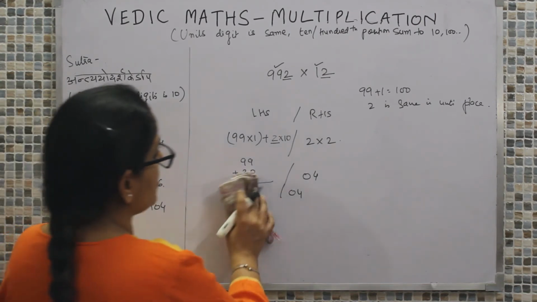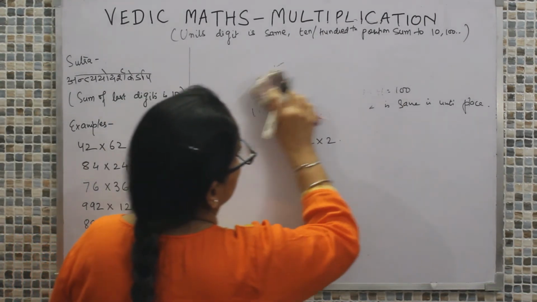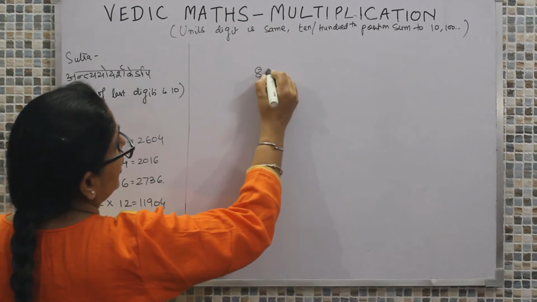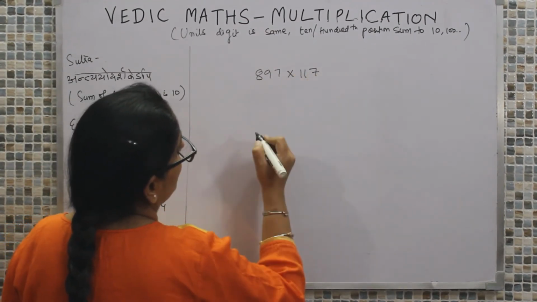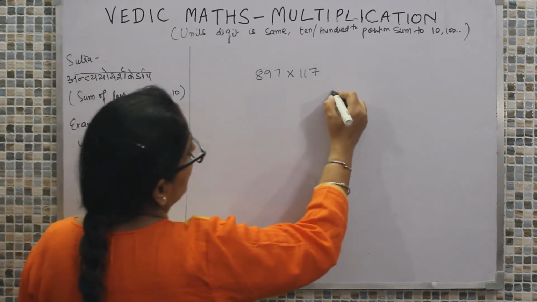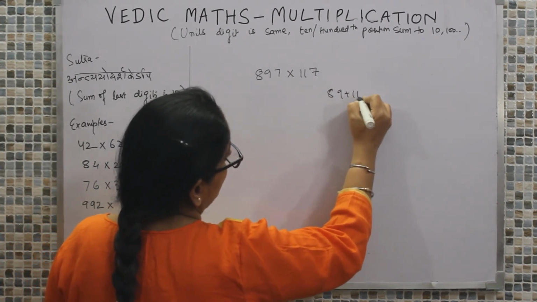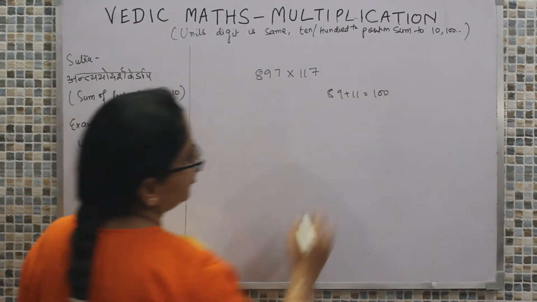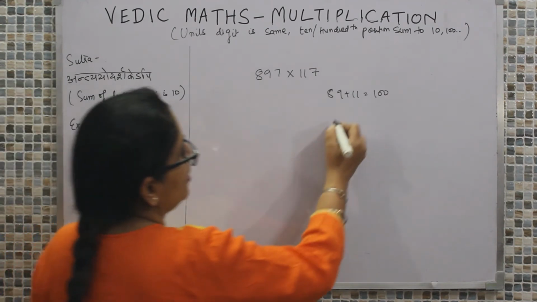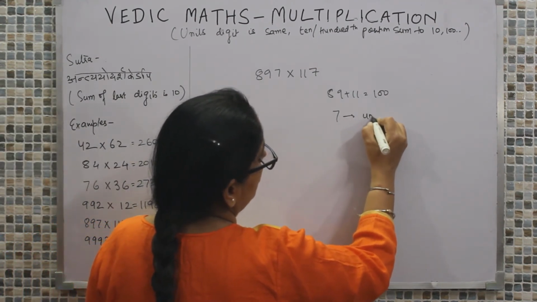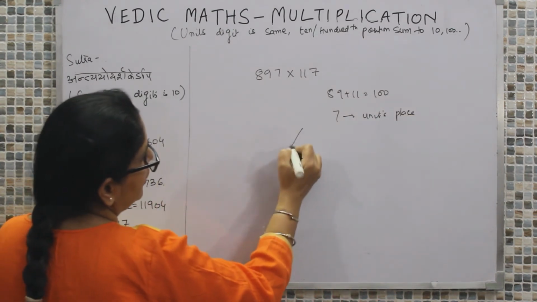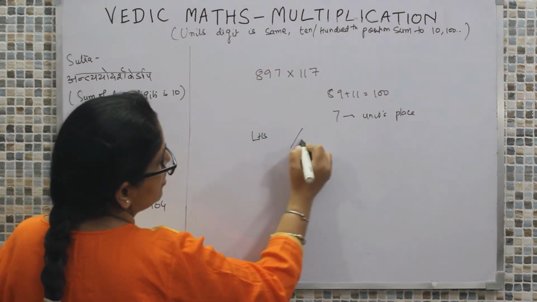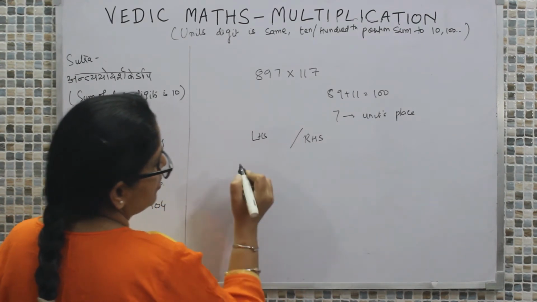Let's take the next example. 897 into 117. Same way, 89 plus 11 is 100. And 7 is the same in the units place. We split it into LHS and RHS.